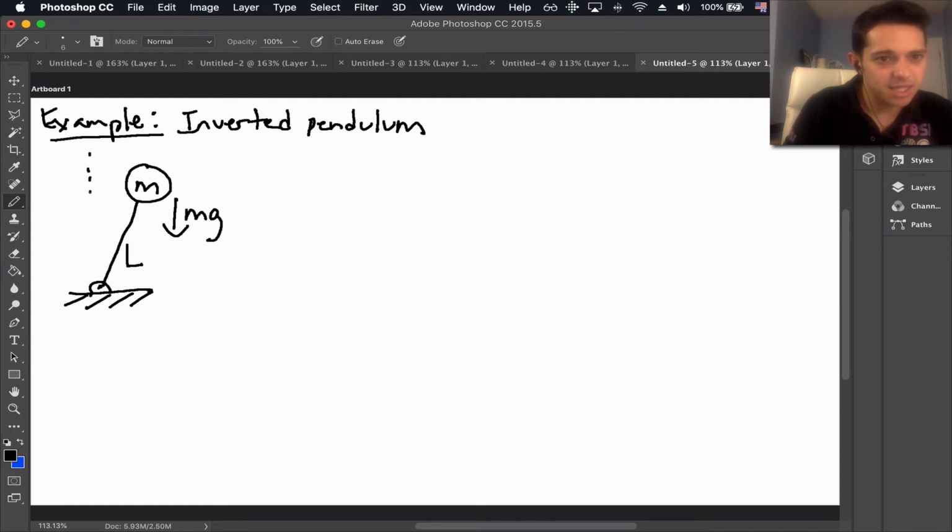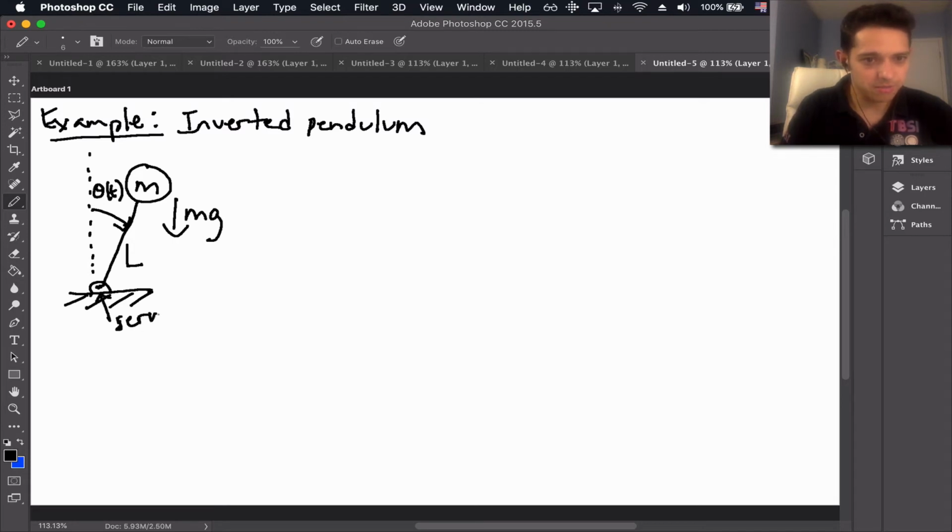And I'm keenly interested in the angle of this pendulum. So I'm going to denote by theta, which generally evolves in time, the angle of the pendulum with respect to the vertical. Okay? Now, I'm also going to imagine here that we have some sort of motor at the pivot, like a servo motor.